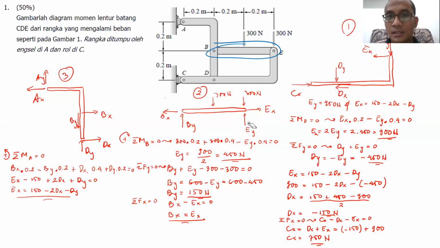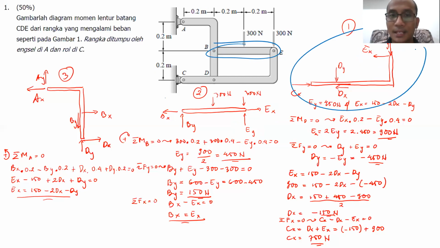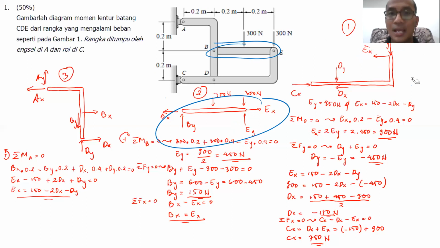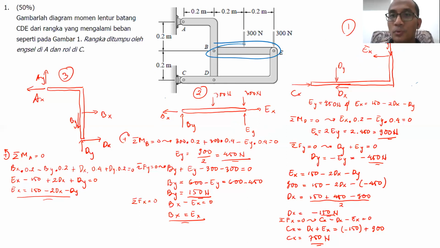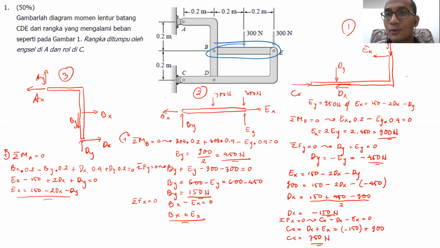And if you ask me whether we should include this 300 Newton in this particular free body diagram or not, if you draw it like me, like this, you don't have to. Why? Because the 300 Newton, which is handled by the first free body diagram, is already included here in EX and EY. So you don't have to add the 300 Newton there.